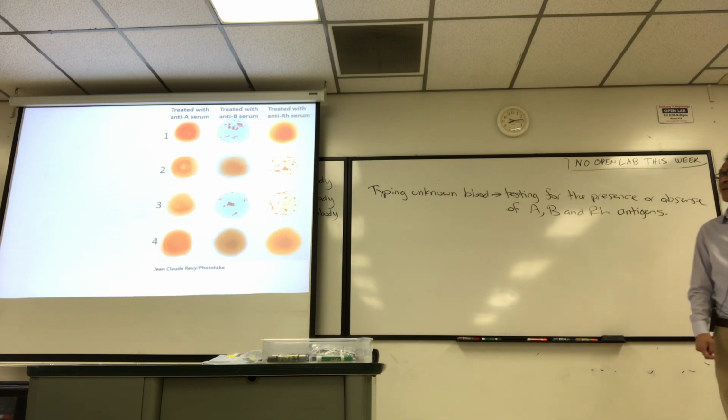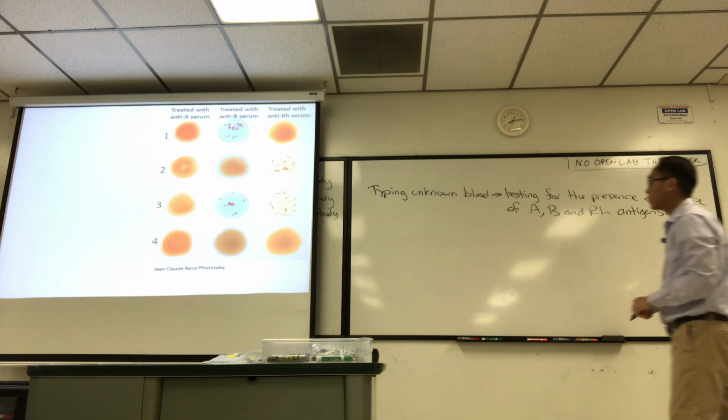What you're going to do in your lab is you have sera with antibodies against A, antibodies against B, antibodies against RH. You just add it to the well and see if you get a reaction. So let's do number one together.